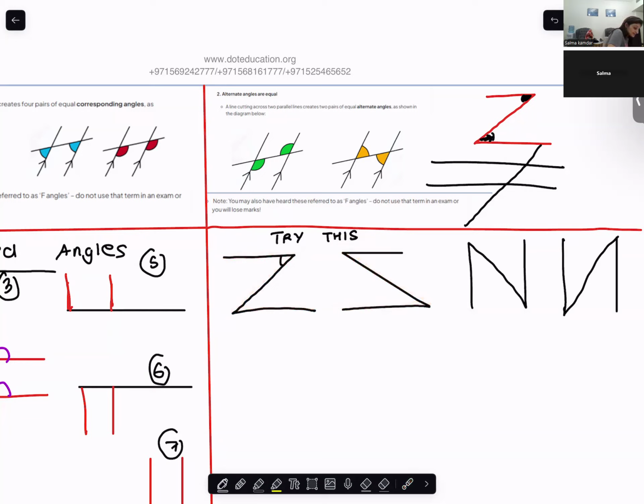This is a pair of alternate angles over here, and over here, alternate angles, the angles in between the Z. Now I have made an N. When you see vertically, I have made an N on the top and an N on the bottom. So these are pairs of alternate angles. You should draw it so that you get a hang of it.